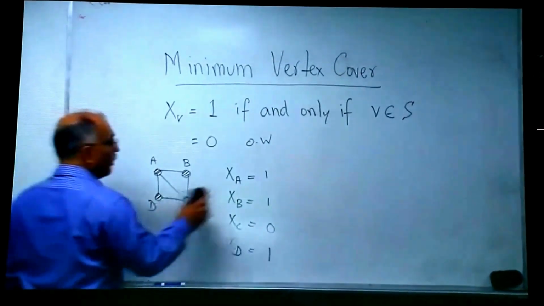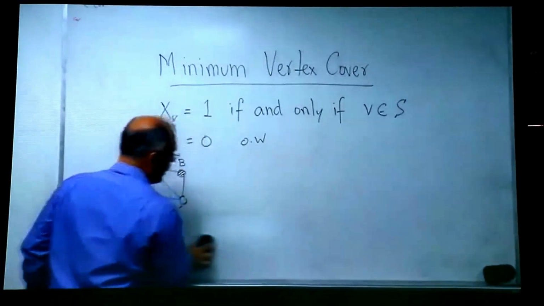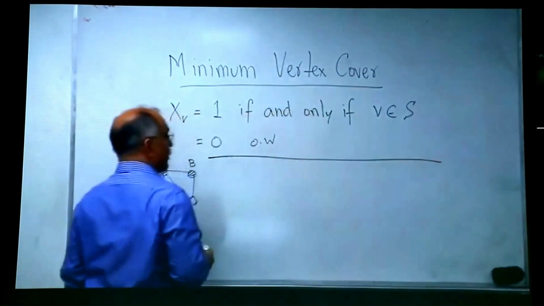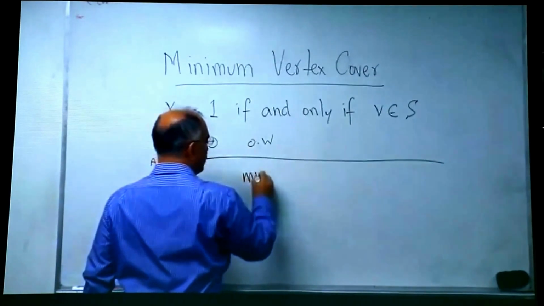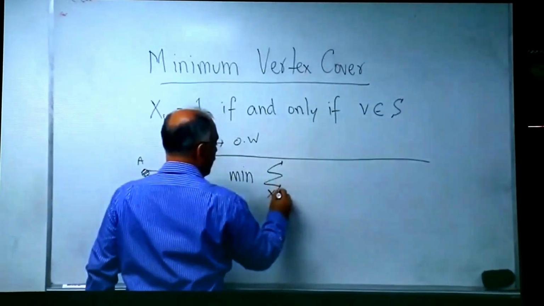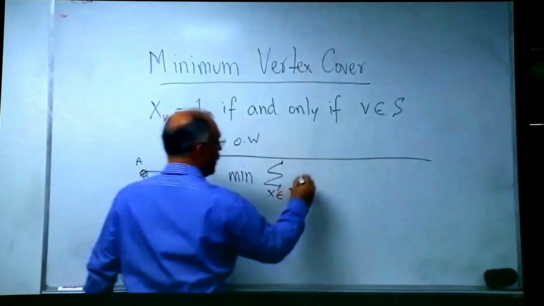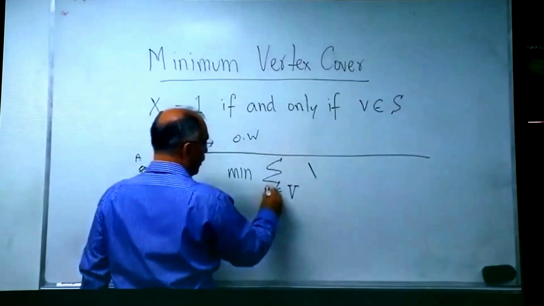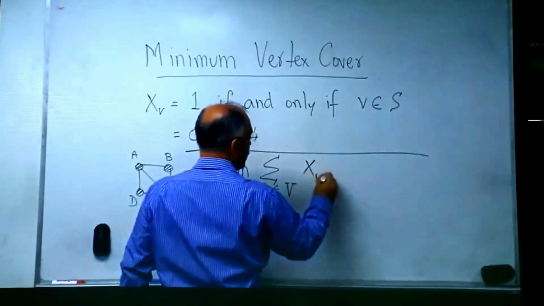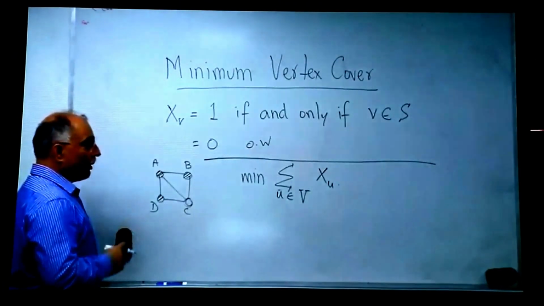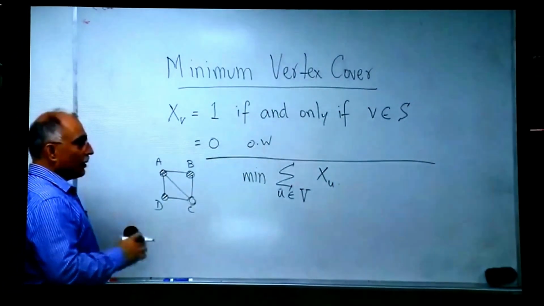But let's try to think about how to capture this a little bit more mathematically, and we can capture this by the following integer program. I can say minimize the summation over all vertices u in the set V of, sorry, let's not use x, let's use u, x sub u times the weight of vertex u. So remember, x sub u is a 0, 1 variable which tells us whether u is in the set or not in the set.